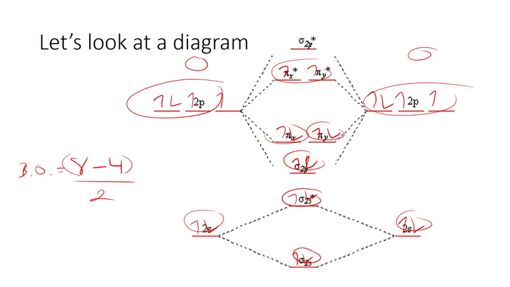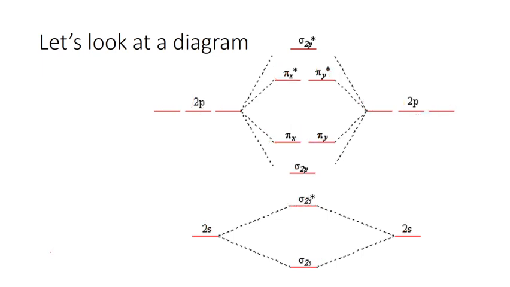Now, 8 minus 4 is 4, divided by 2 is 2, which means we should have a double bond between the oxygens if it's O2, and if we draw a Lewis diagram of this, as it turns out, this is what it would look like. It would have a double bond. So it all works.